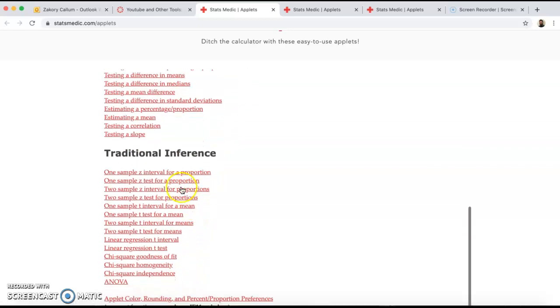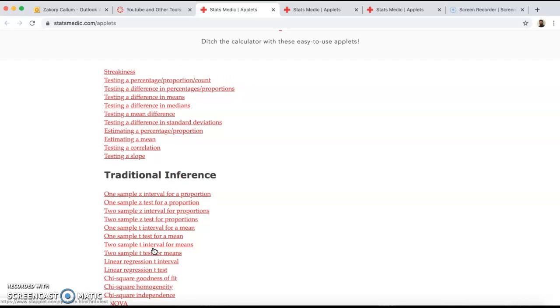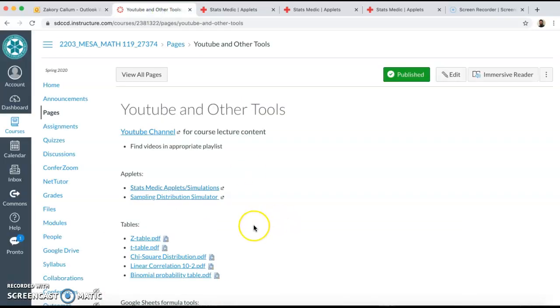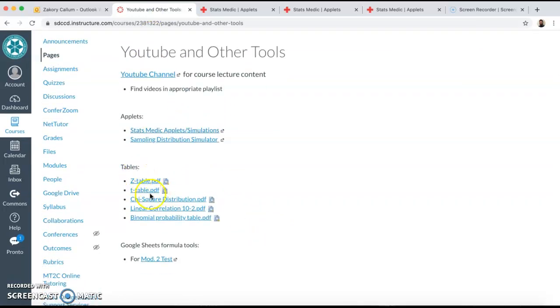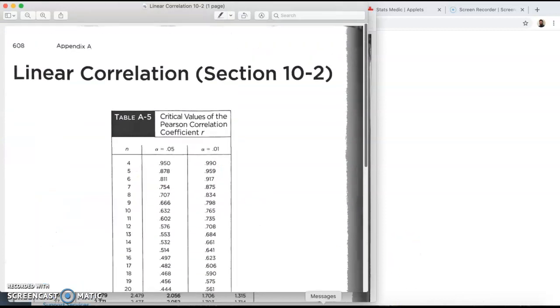And I can also use, under the traditional inference, linear regression t-test. All three of them will be able to do the same things for you. And then as for the actual table values we're going to use, it's on that same page in Canvas, and you just go down to tables and you click on linear correlation 10-2. It'll look like this once you pull out that table.